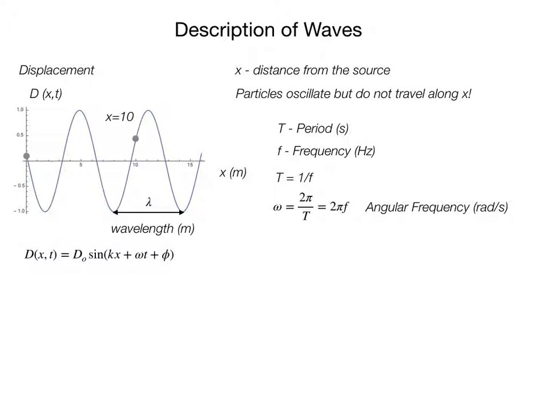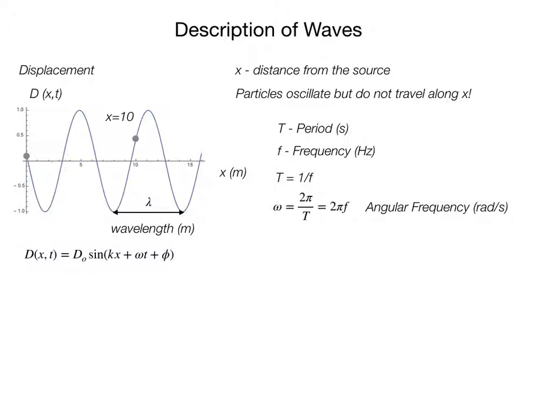And so here is the function for the displacement of all those particles participating in the wavy motion as a function of their distance from the source x and the time t. We have this constant, in this case d naught, which is their amplitude, the farthest they're going to reach from equilibrium, multiplied by the sine function.